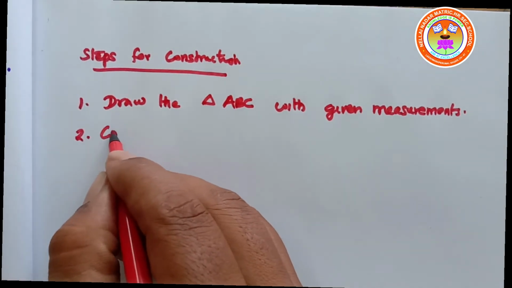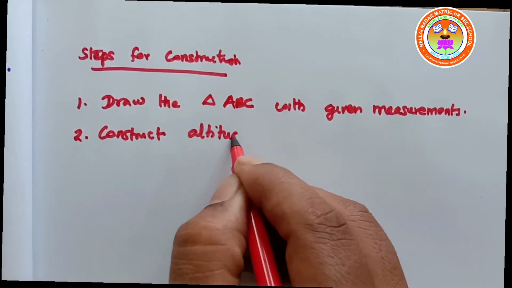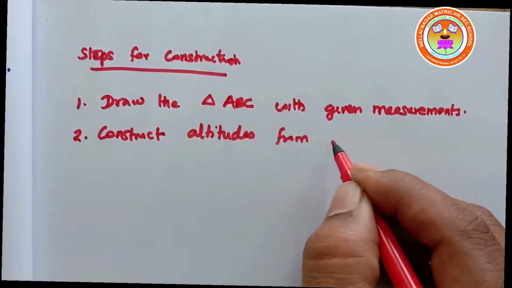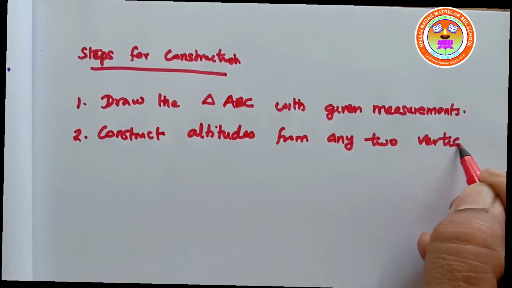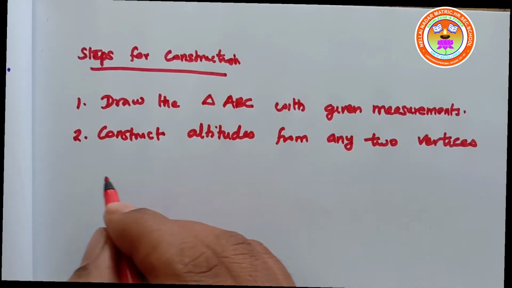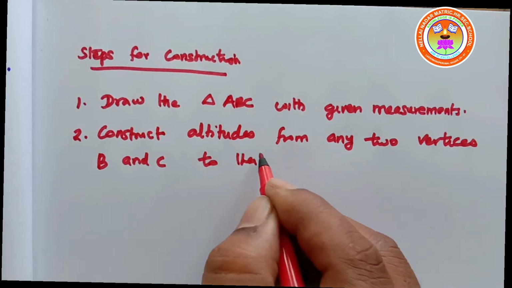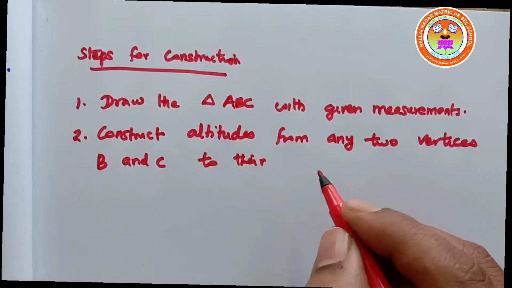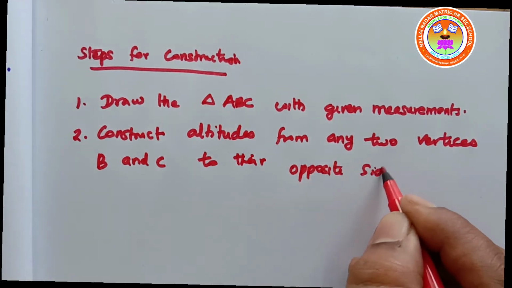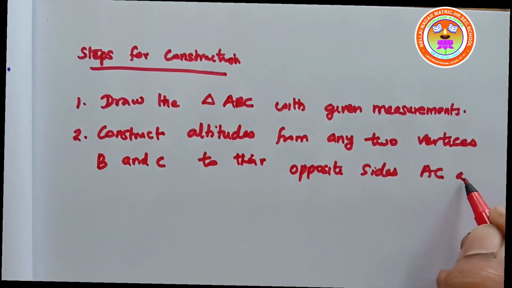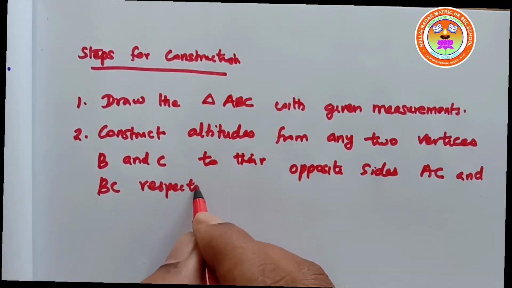Second point, construct altitudes from any two vertices B and C to their opposite sides AC and AB respectively.